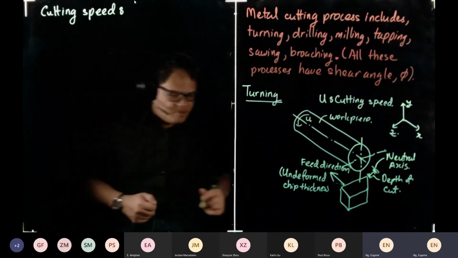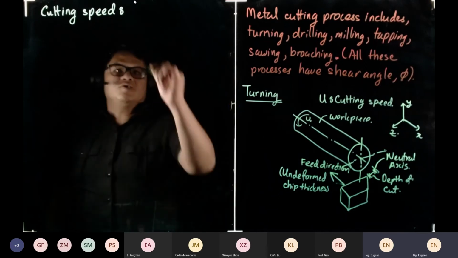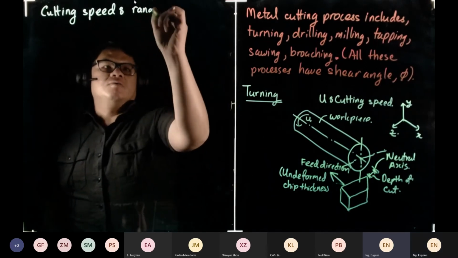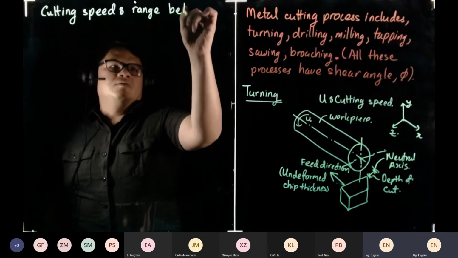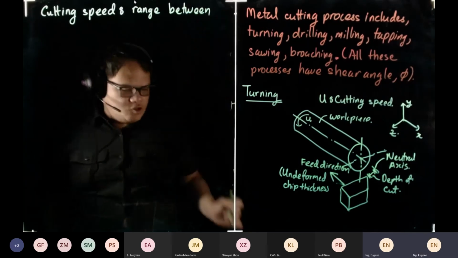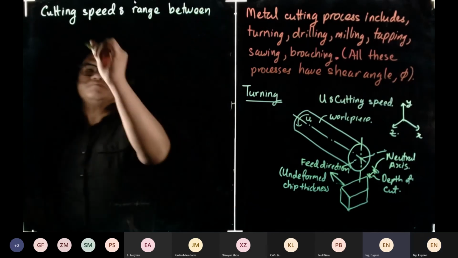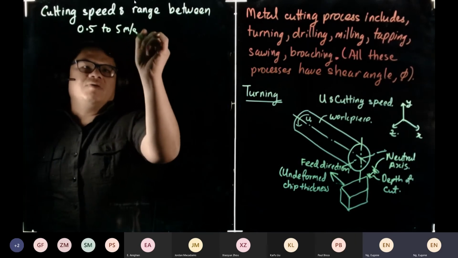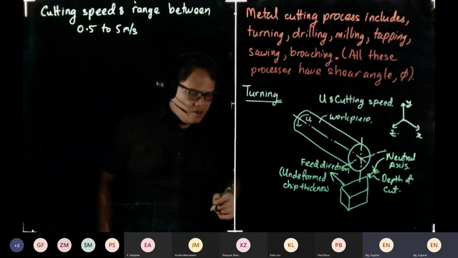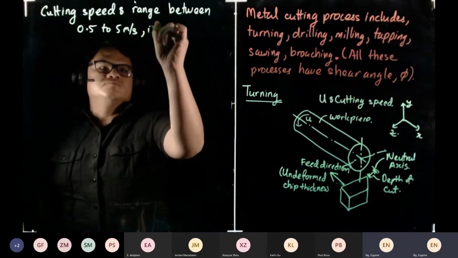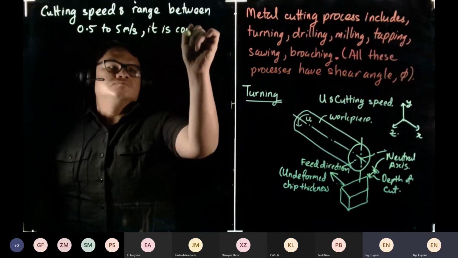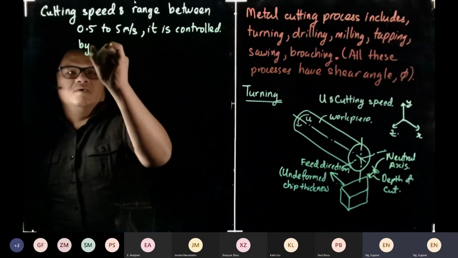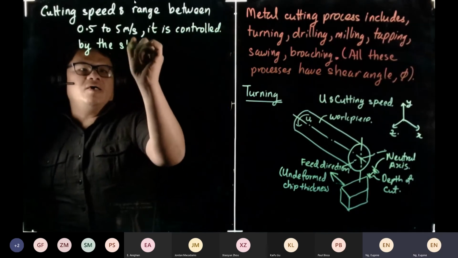The cutting speed range for turning is between 0.5 to 5 meters per second, depending on the workpiece material, and it is controlled by the strain rate.